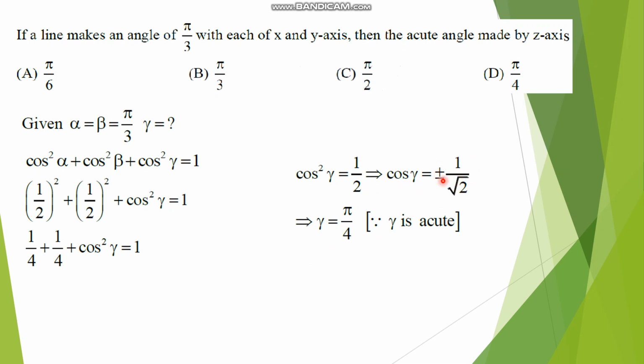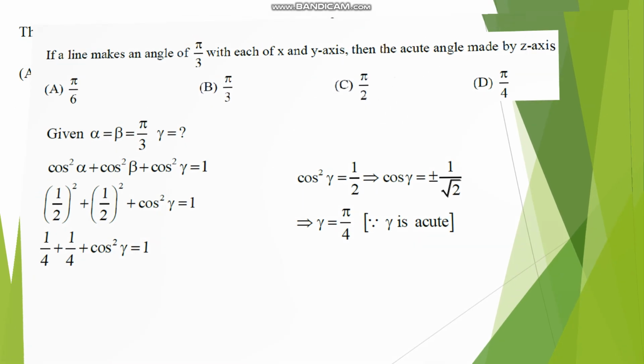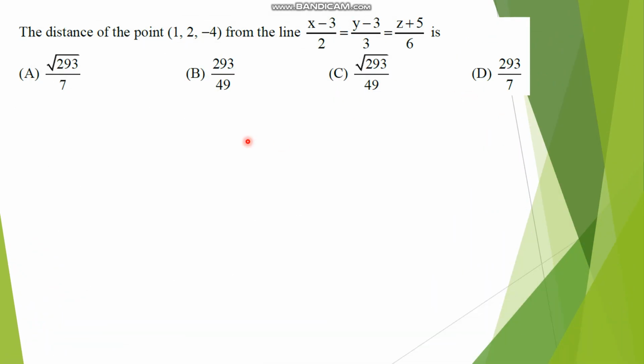And when you check the value of 1 by root 2 with cos, our value of gamma will be pi by 4. We cannot take negative values, or a value greater than pi by 2, since gamma is acute. So pi by 4, which is option D, will be the answer. Moving to the next question.